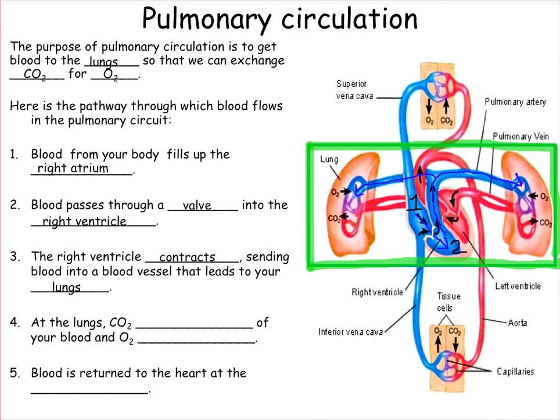Now, the lungs are the important site of exchange. What will happen in the lungs is that the waste product CO2, the carbon dioxide, will diffuse out of the blood and into your lungs to be exhaled. And then from the air that's in your lungs, oxygen will diffuse into your blood. So we can see that in the diagram.